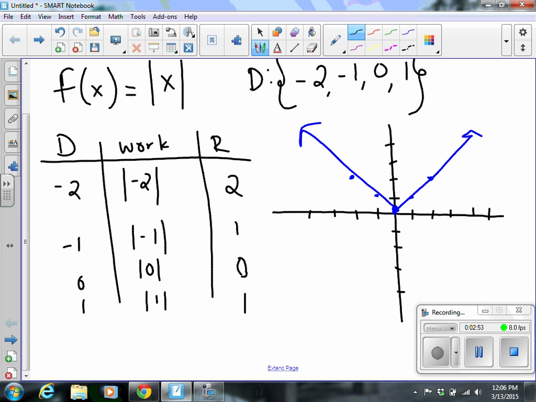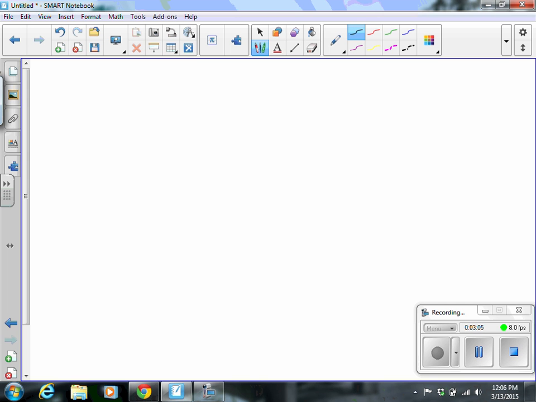Okay. Now, this isn't something that you guys can really answer a multiple choice question on. So we're just going to move on then to the next part. So this, they've already given you and told you that the function was this, and they've given you a domain. But let's do the opposite.